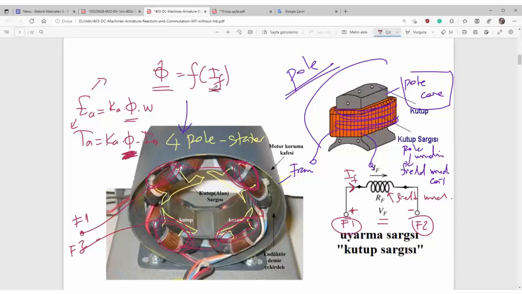Field current results in some change in magnetic field, and it will cause a torque change or EMF change. In the conversion system, machine conversion will be affected by magnetic field and field current.